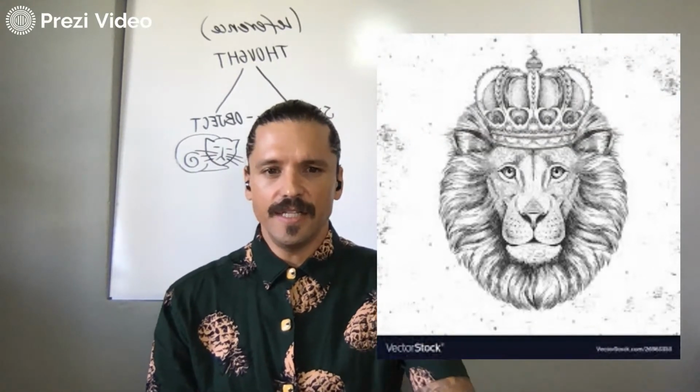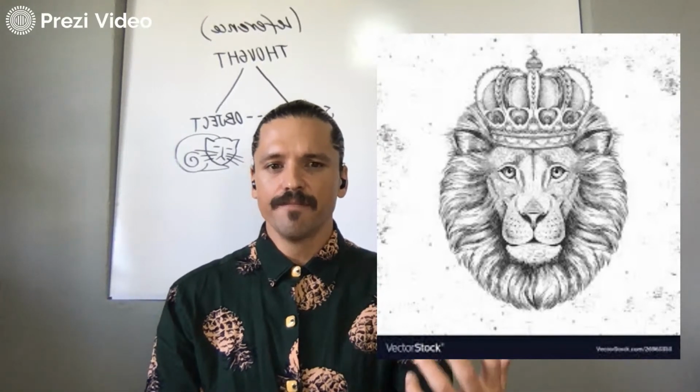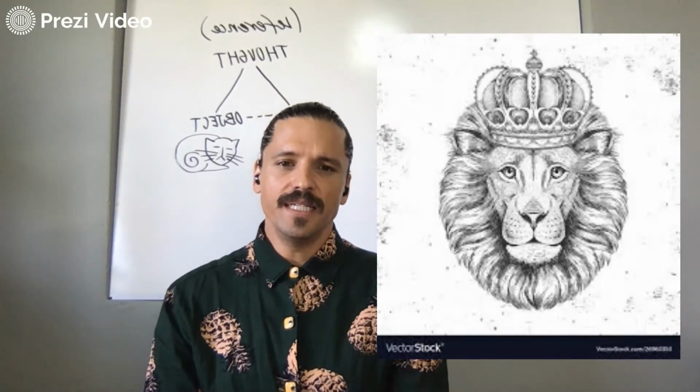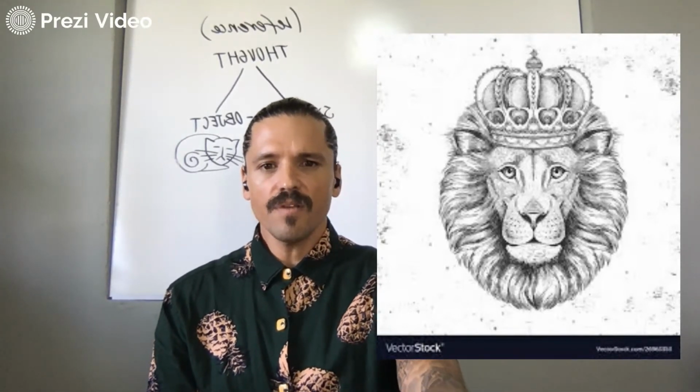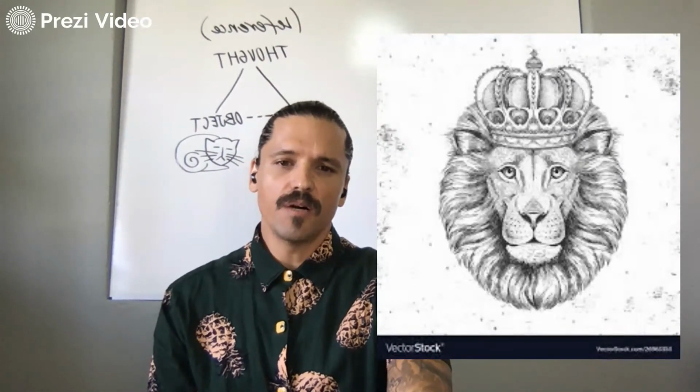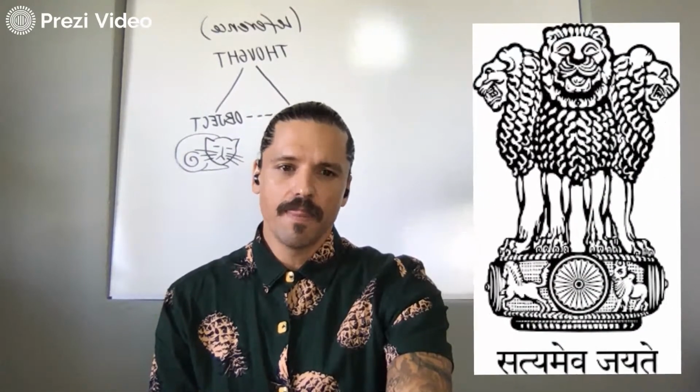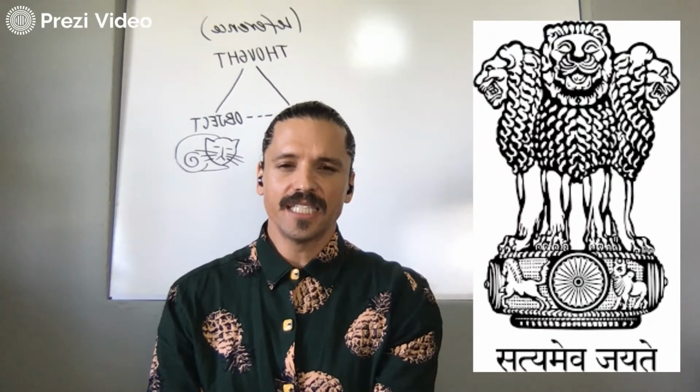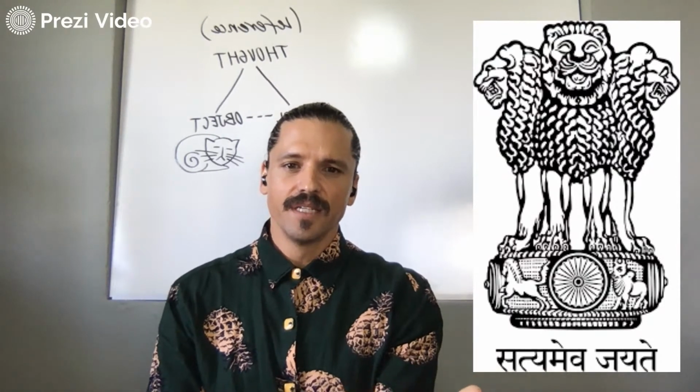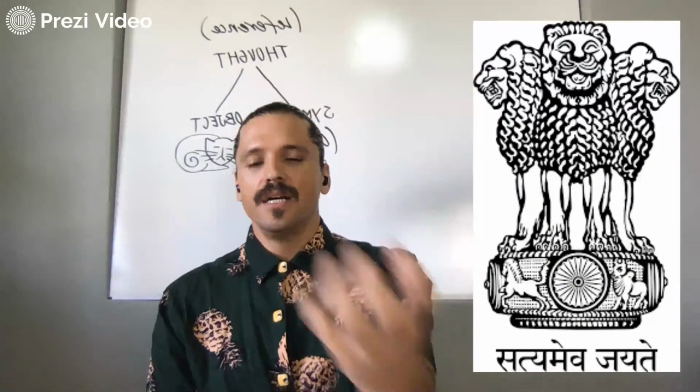And so we see here the lion with a crown on his head, or her head, is a symbol for royalty or monarchy. Oftentimes, the lion becomes a symbol for nationality or a nation. And so we see the lion here, an Indian symbol used for nationalistic purposes, to note the strength of a nation.